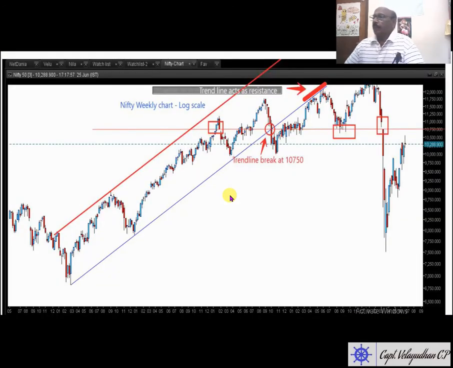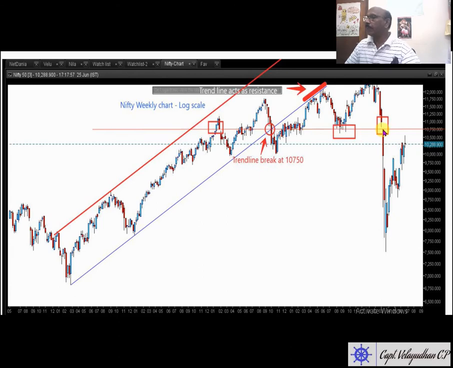Now here on the Nifty chart, on the log scale, here the trend line was broken. The trend line breakpoint was 10,750, this point. And this line is drawn across the trend line breakpoint. You can see the trend line support breakpoints are taking support here.